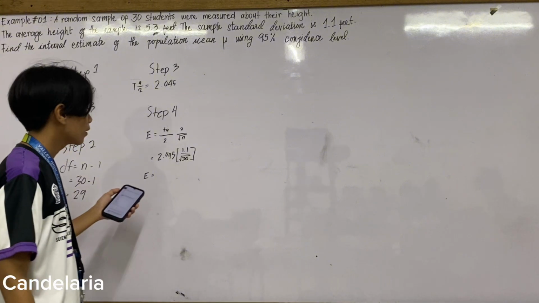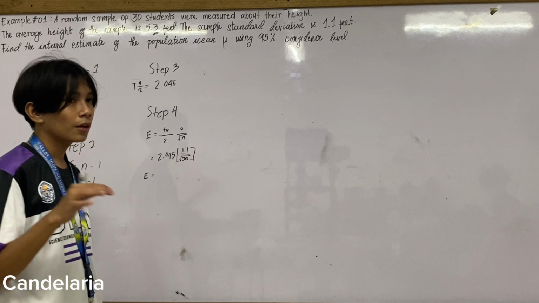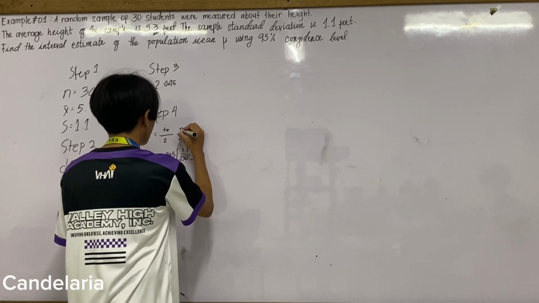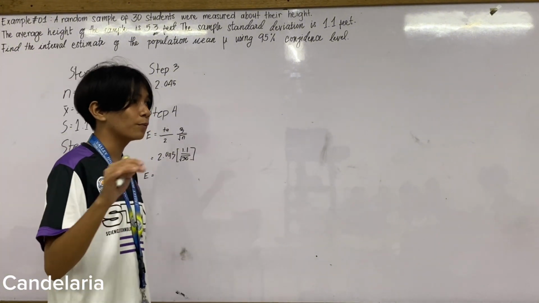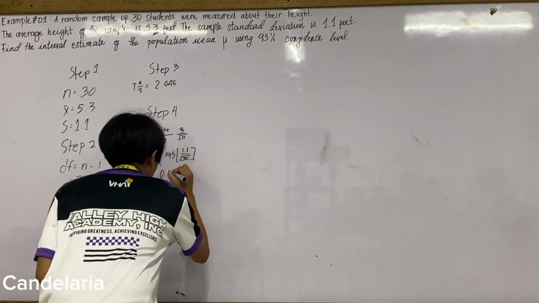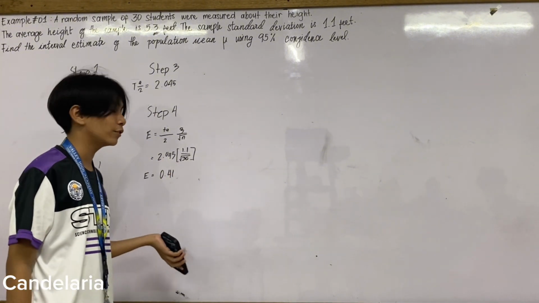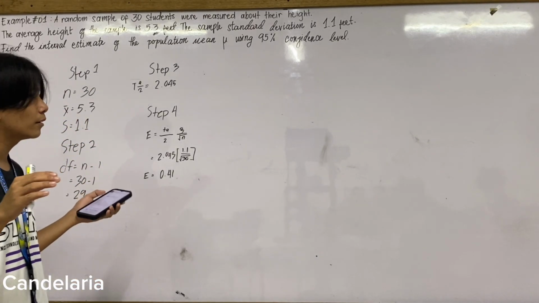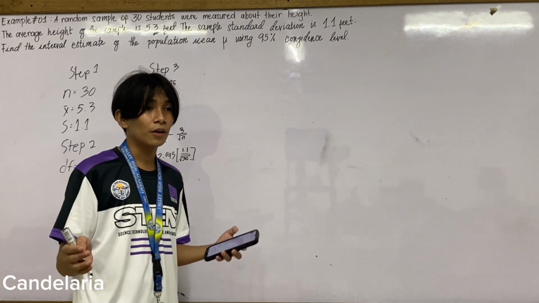So you need to multiply the critical value by the sample standard deviation and divide it by the square root of n, and it will give a result of 0.41 for the error. So our margin of error is 0.41. After we find the margin of error, we can proceed to the next step.